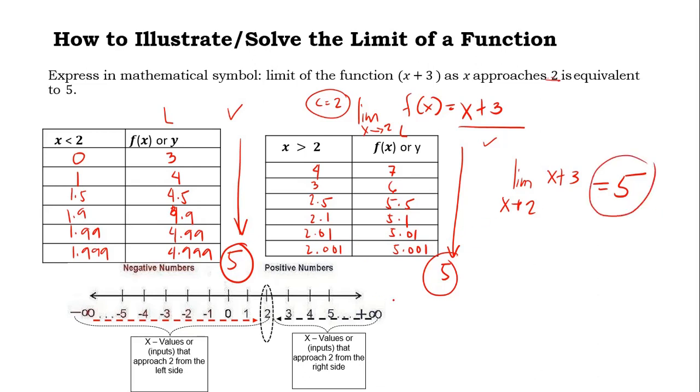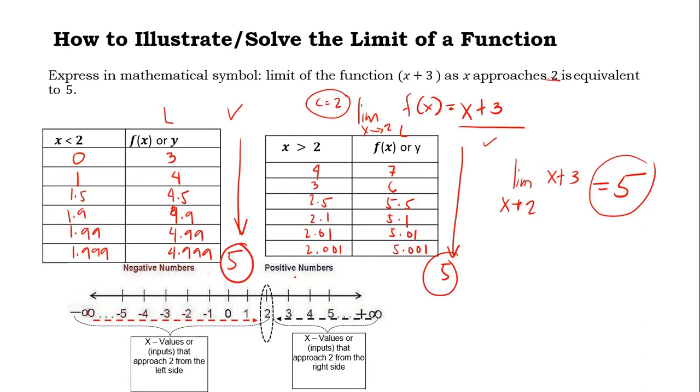If they are not equal, meaning to say, the limit does not exist anymore, because there is no certain value that it approaches, or it just keeps approaching. Okay? So that's the limit of the given function x plus 3 as x approaches 2.